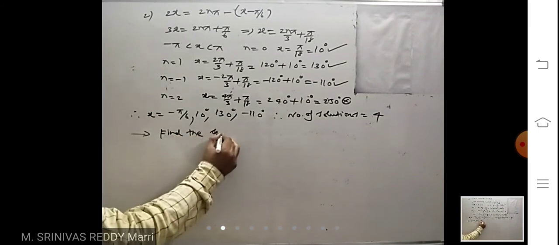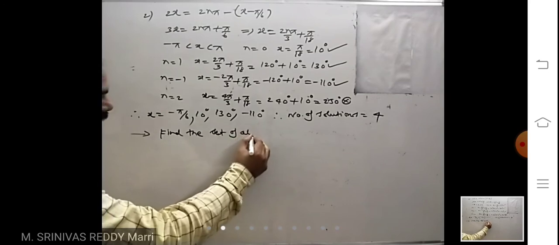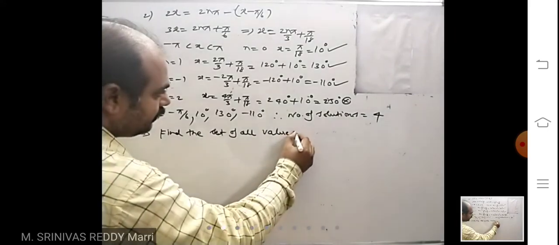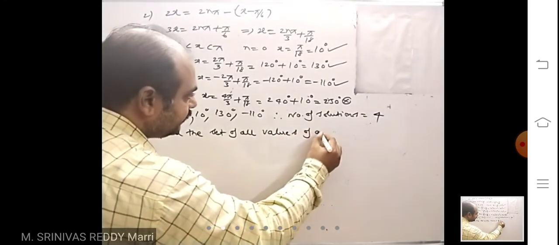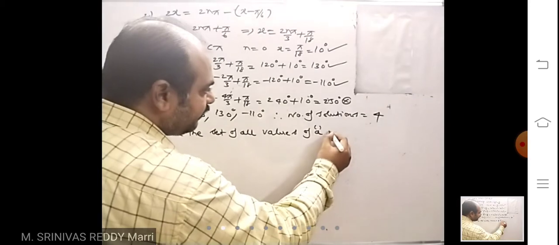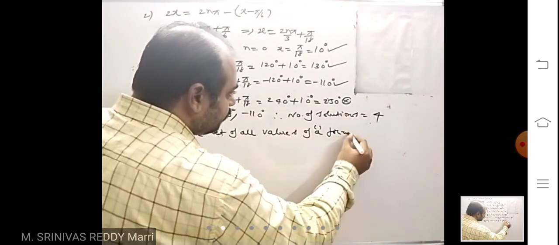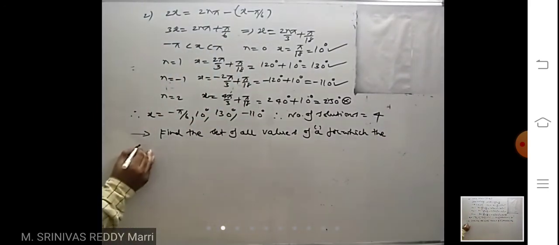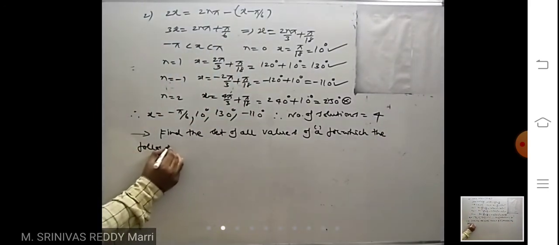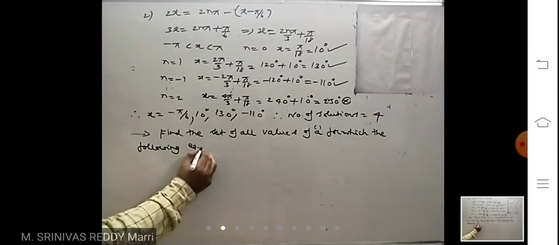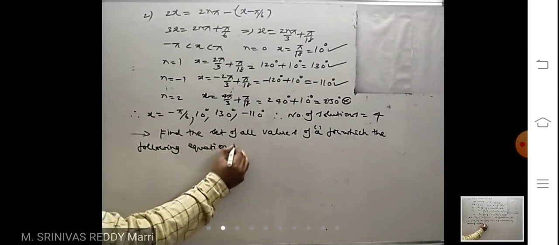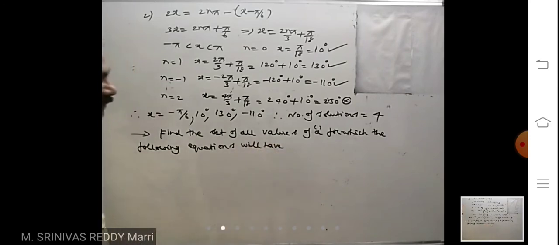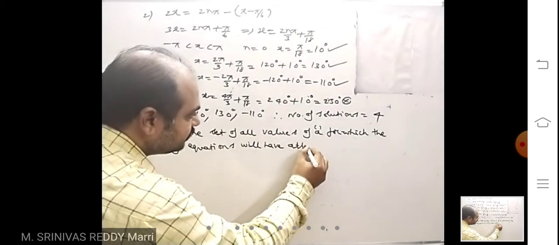Find the set of all values of a for which the following equations will have at least one solution.